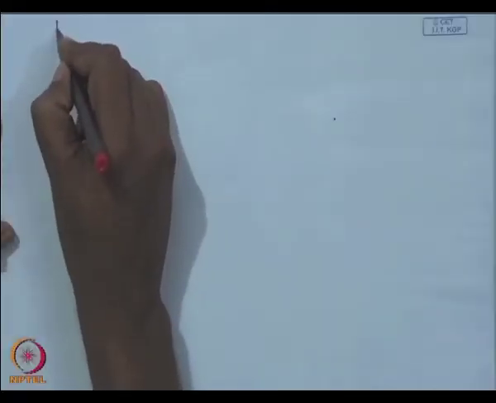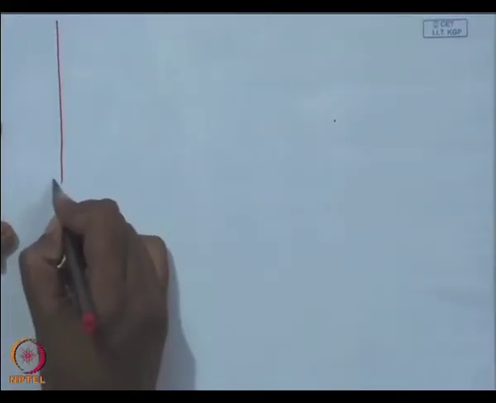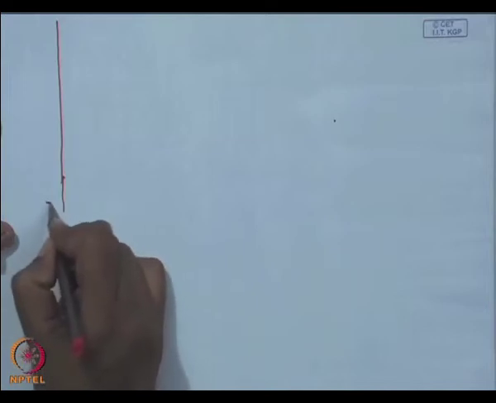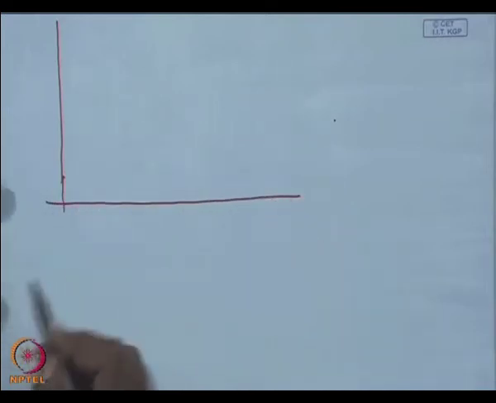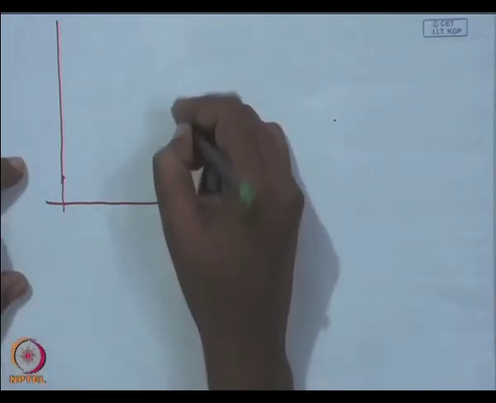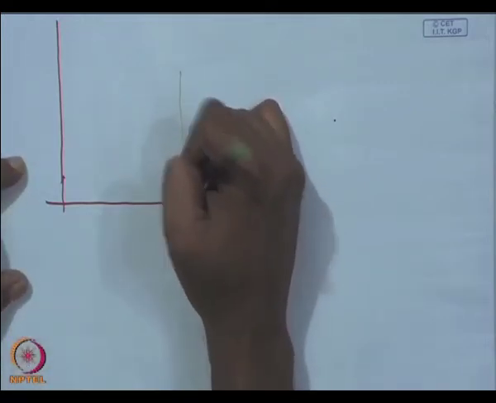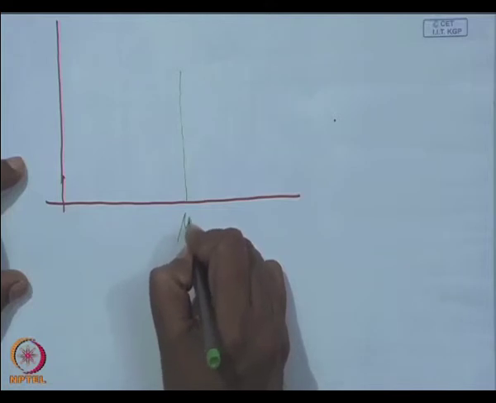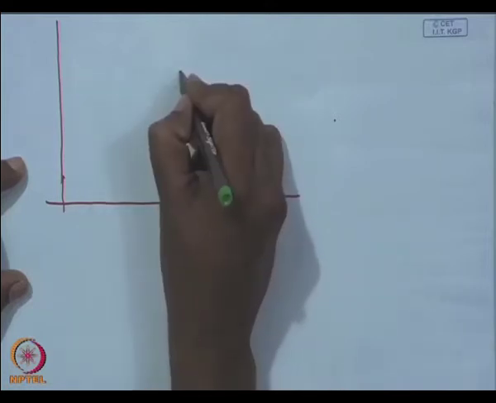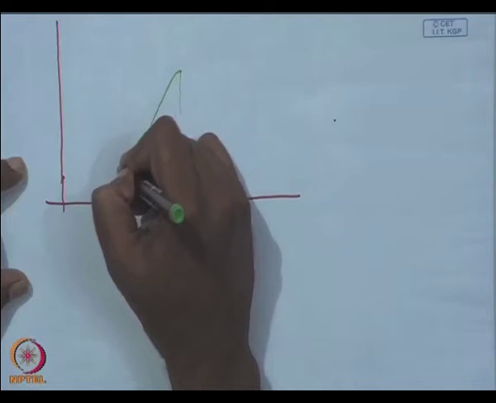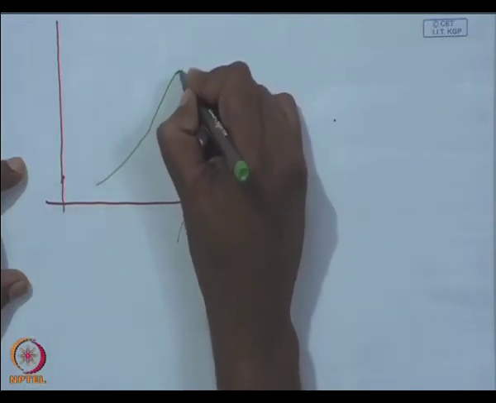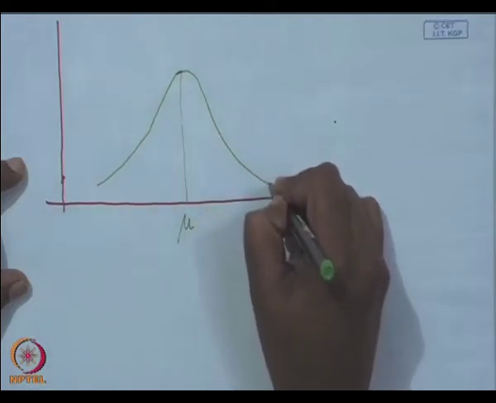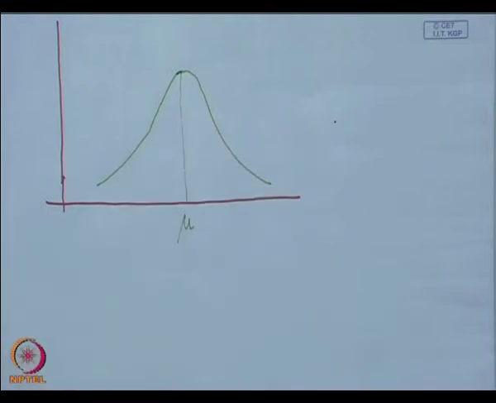So, let us start with this. Let us start with the known form, the Gaussian distribution function, which was something like this. I had this mean location mu, and for a certain variance sigma square, the density curve is something like this.